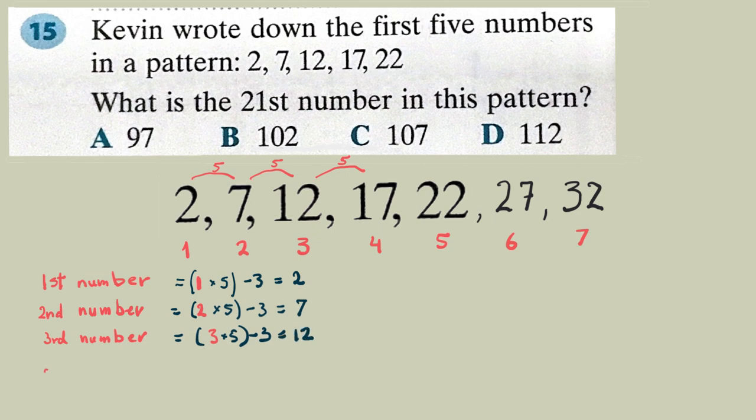So my 21st number, in that case, using this particular rule, we can write 21 times 5 minus 3 and find out what it is. I get 102. So that means that our answer is B. It may have been easier for you just to continue working out the 21st number, or to find the rule.